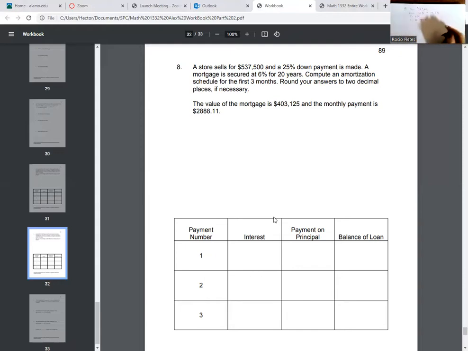The way it works is payment, then we have interest, principal, and then the balance. The value of the mortgage is 403,125. The monthly payment is 2,888.11.